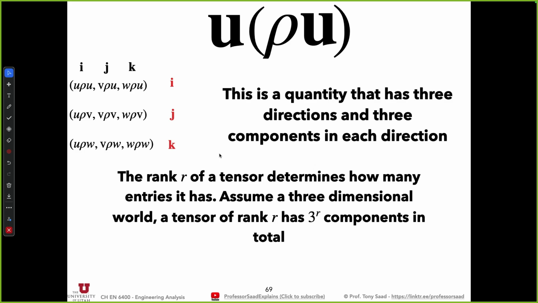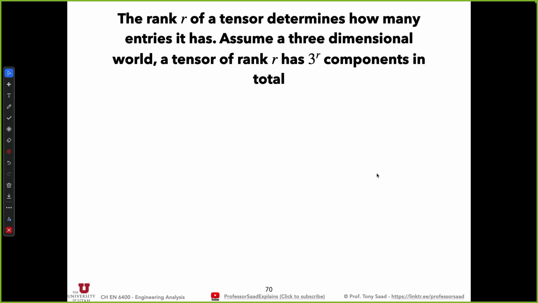Their tensors might be 27-dimensional, and they have a rank on them. That's a different world. For us, we live in a 3-dimensional world. A tensor of rank R in a 3-dimensional world has 3 to the power R entries in it. Don't call them components yet, just call them entries.